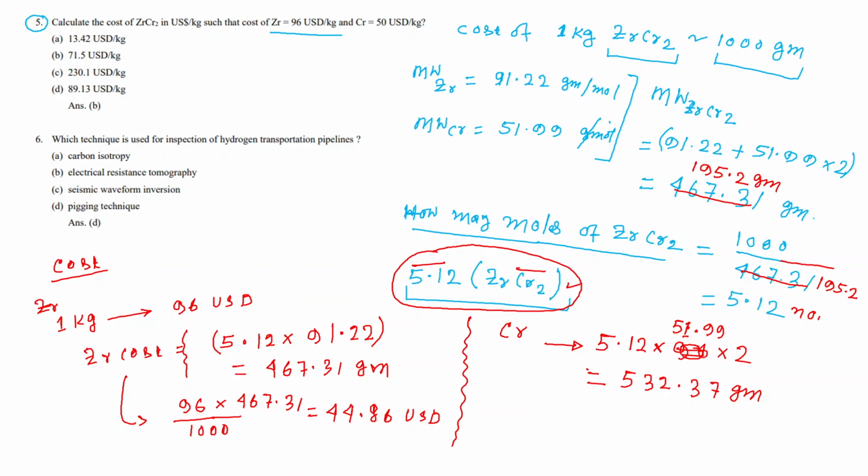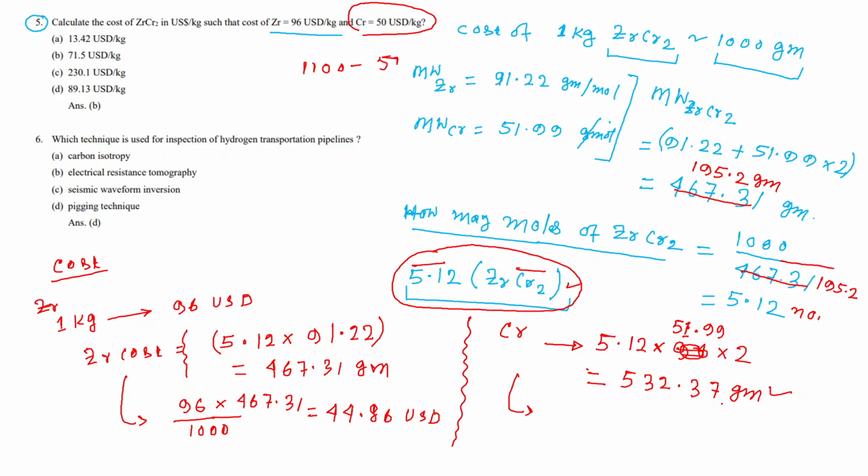Okay, this is 51.99. So this value will come. For this amount of chromium, you can calculate the cost. Chromium cost is 50 USD per kg, meaning 1000 gram of chromium costs 50 USD.